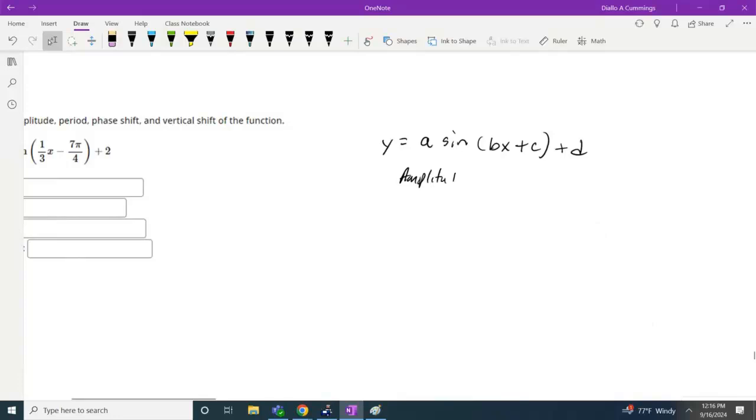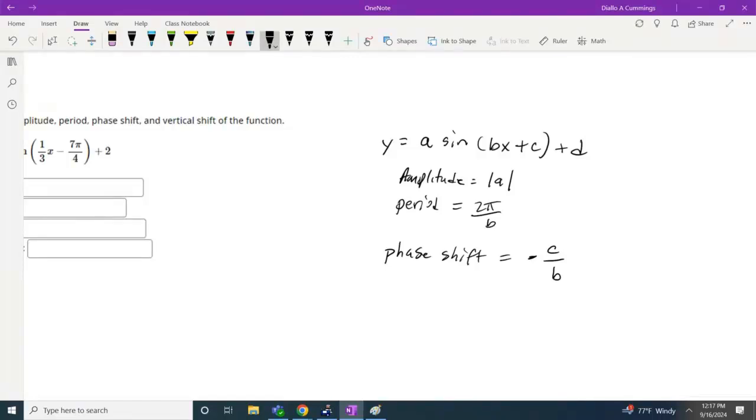So the amplitude is going to equal the absolute value of A. The period is still 2 pi over B, right? Whatever the coefficient of your variable is. The phase shift is negative C over B.